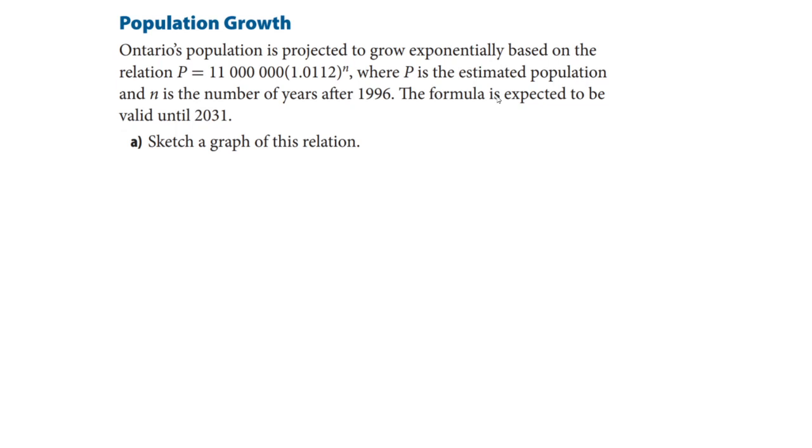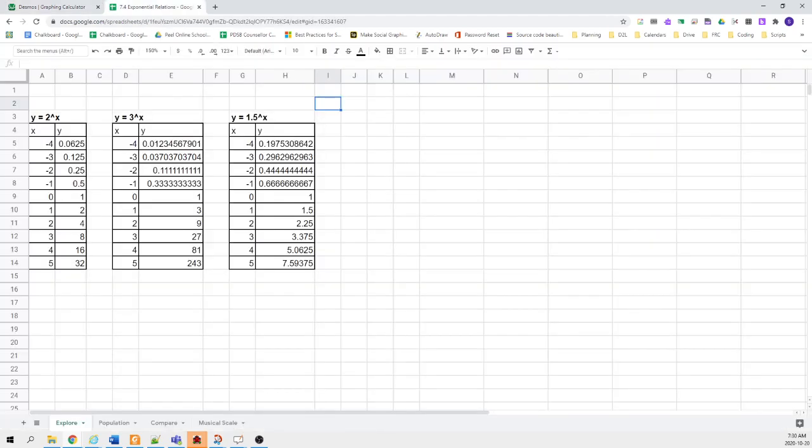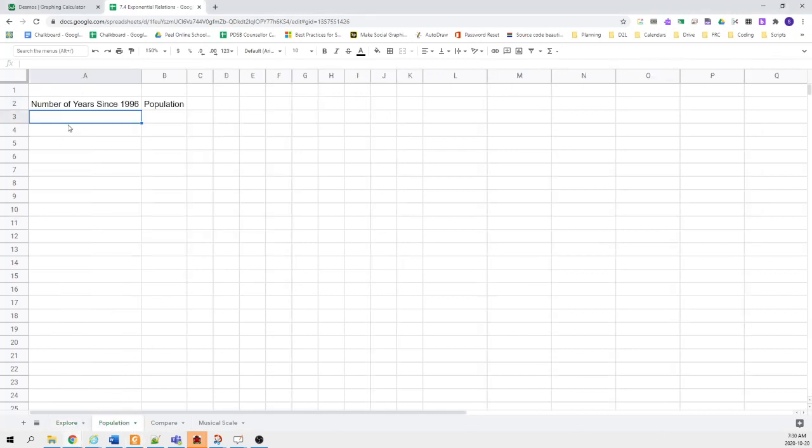So we could use the spreadsheet to make a table of values. So we can start at 0, which is the year 1996. And we could go by 5s if we wanted to.